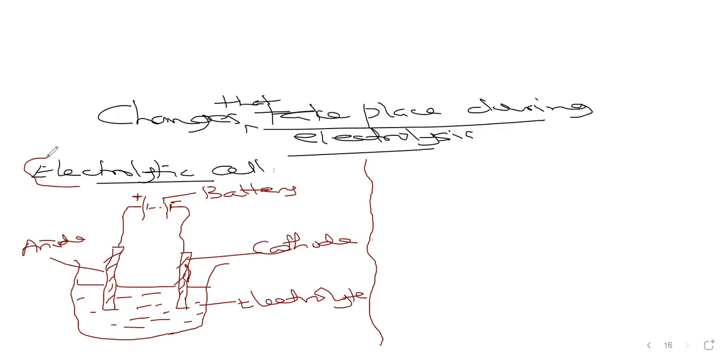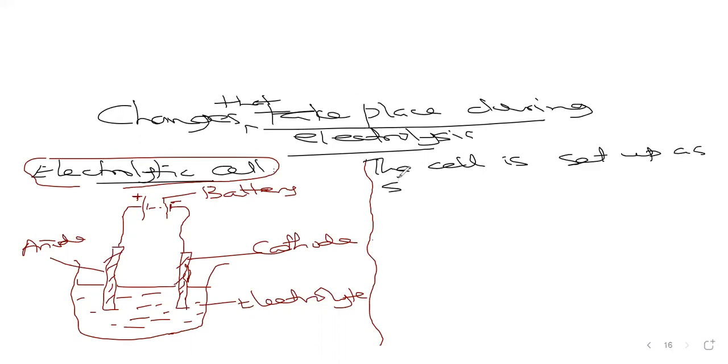I don't want you to confuse it with what we call an electrochemical cell. We shall see the electrochemical cell later. That is an electrolytic cell. The electrolytic cell is set up as shown.